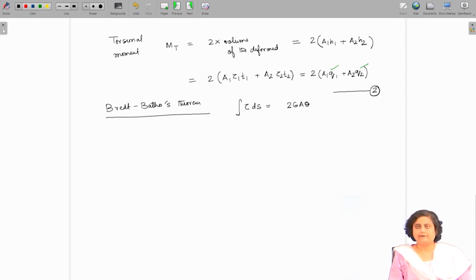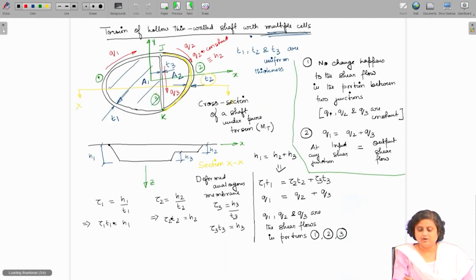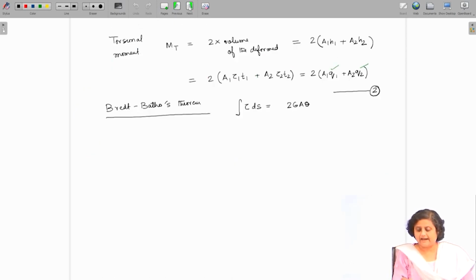Now how do we apply this? This relation, tau ds equals 2GA theta, can be applied individually for each of the cells. So I can apply Bredt-Batho theorem for cell 1 and for cell 2.